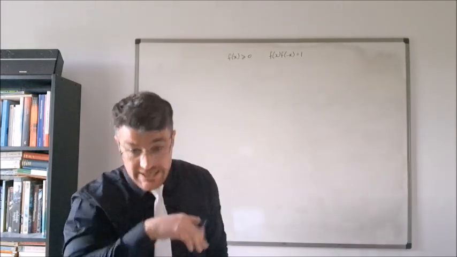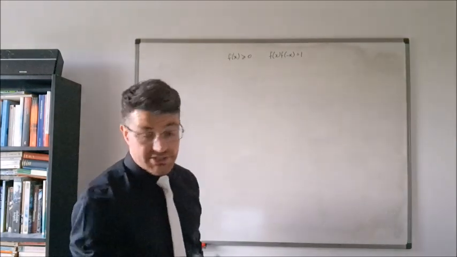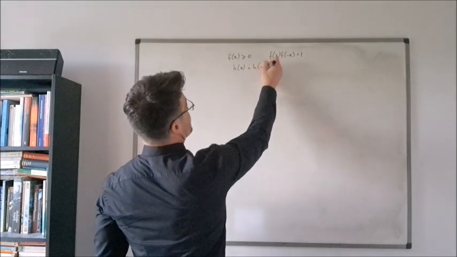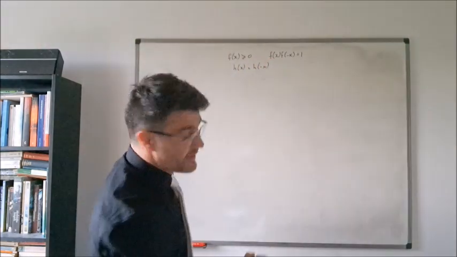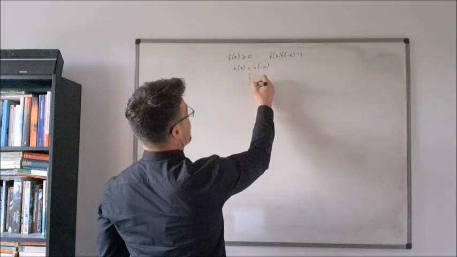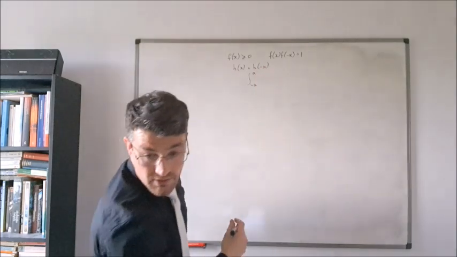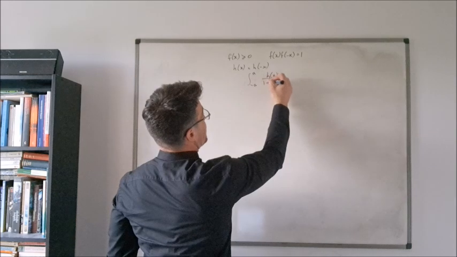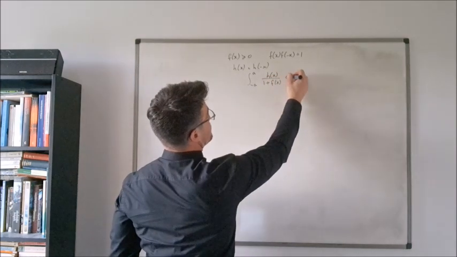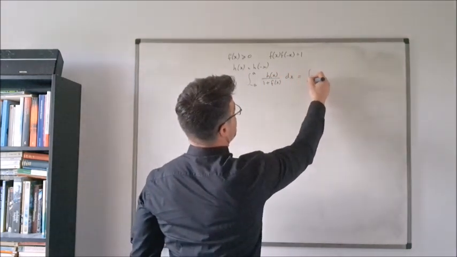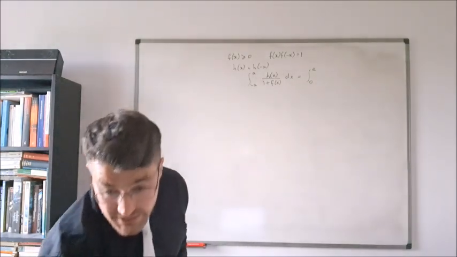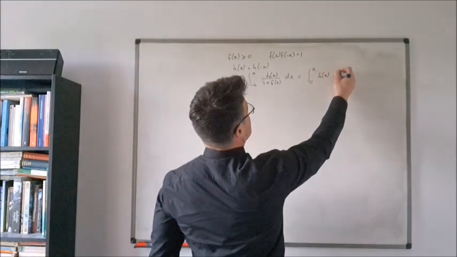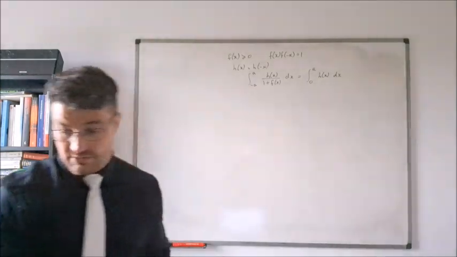Show that if h is a continuous function with h of x equal to h of minus x, then the integral from minus a to a of h of x over 1 plus f of x dx is equal to the integral from, notice the difference in the limits here, 0 to a of h of x dx.